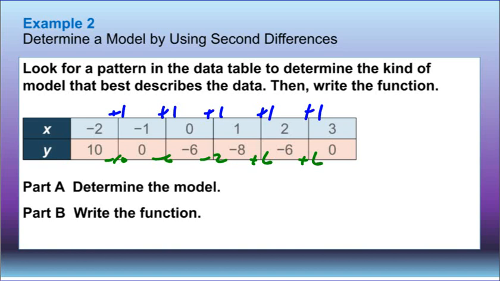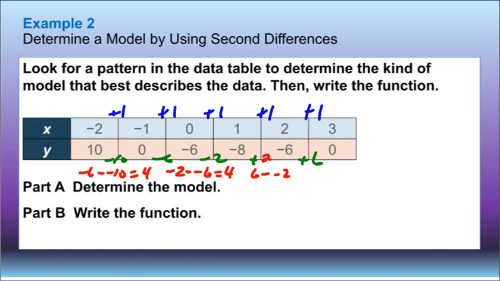So now my second difference, I just take negative 6 minus a negative 10, which will give me 4. Negative 2 minus negative 6 will give me 4. 6 minus a negative 2, actually this is not a positive 6, this is a positive 2.